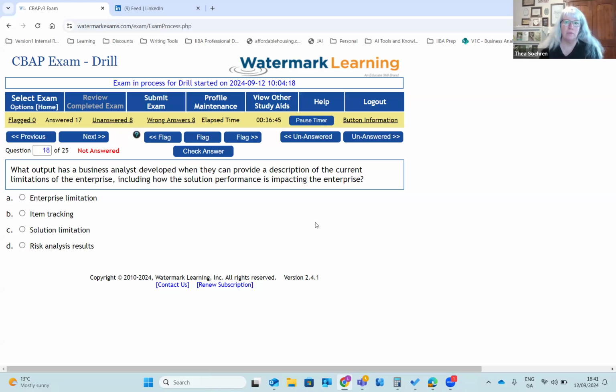So what is the output of that one? But it says description of the current limitation of the enterprise. I think it is the assess enterprise limitation task. Yeah, a business analyst developed a description of the current limitation of the enterprise. So maybe it's probably right. It's enterprise, not solution.